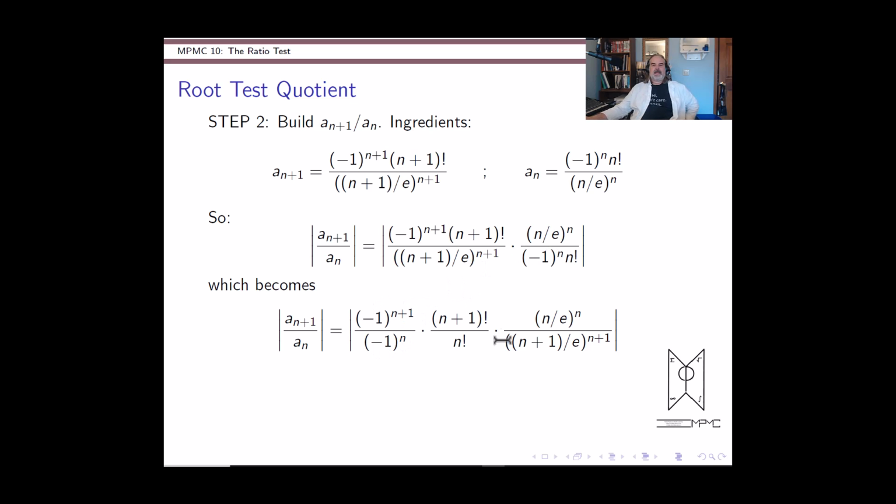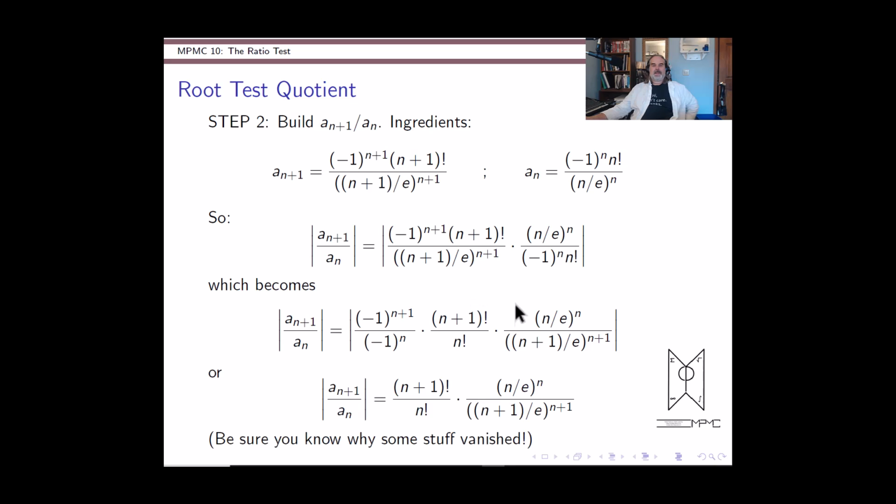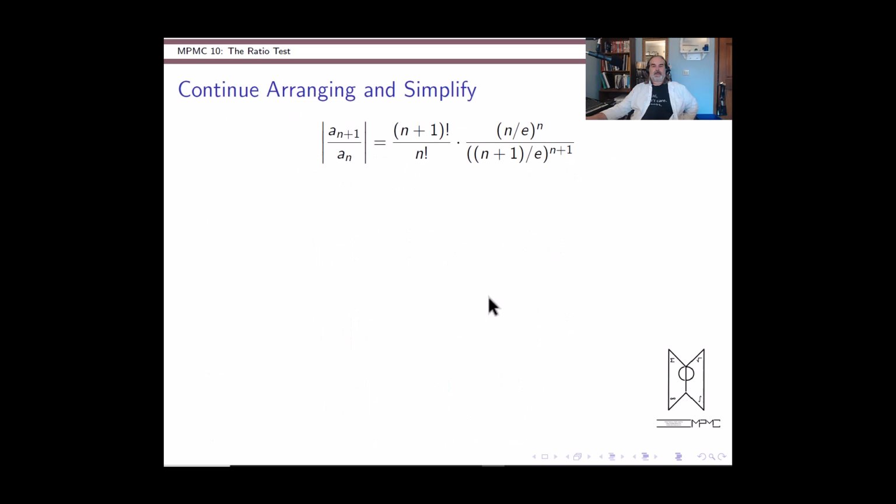Now, we can see what sort of simplification might be taking place. First of all, this quotient of powers of -1 is just -1, but we're inside absolute values. So at this point, just bye-bye to the -1s. And now we can drop the absolute values because everything else is strictly positive.